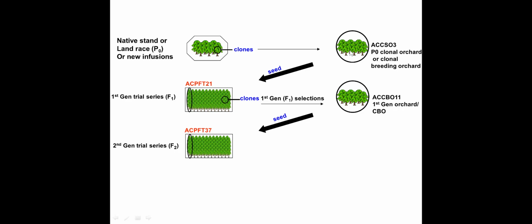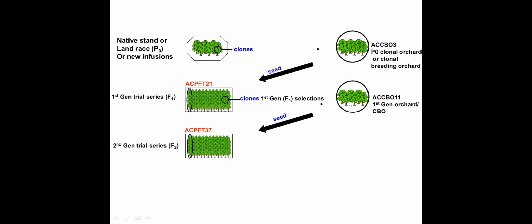The clonal breeding orchard produces seed which goes into a first generation progeny trial. We collect data and upload that, as well as clones, which then in the second video will be placed into a first gen seed orchard.